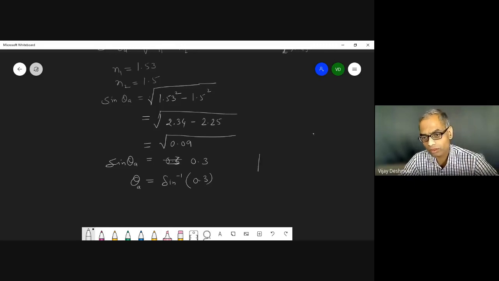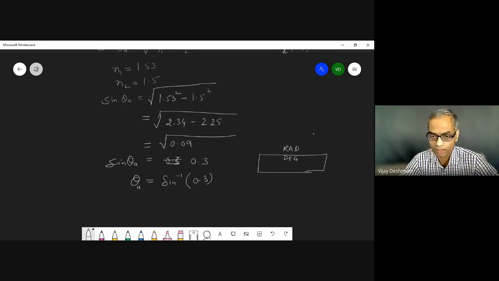Now when you calculate it in the calculator, the care you have to take is that it should be in degree. Somewhere there will be a DEG symbol. It should not be in radian. Remember, and then you can get the sin inverse of 0.3. It will be somewhere around 17.45.